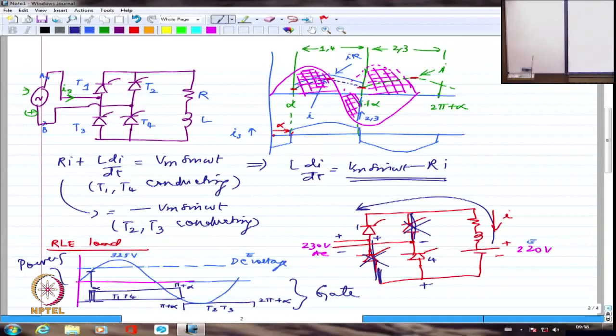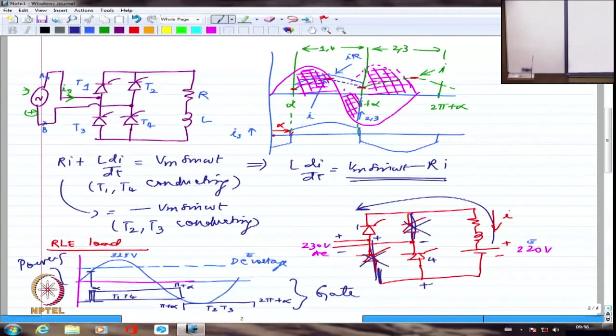But generally what we do is, as a rule, all the single phase converter circuits will receive a pulse of 180 degrees. That is a standard design. Although it is not going to really work, even if I try to fire it beyond this, it will not work. But we generally make it like a standard practice.